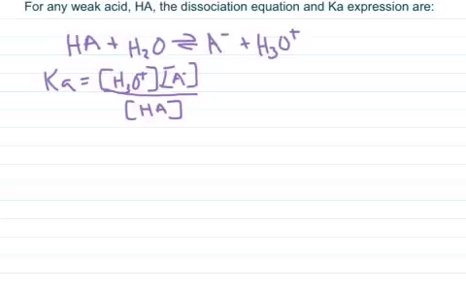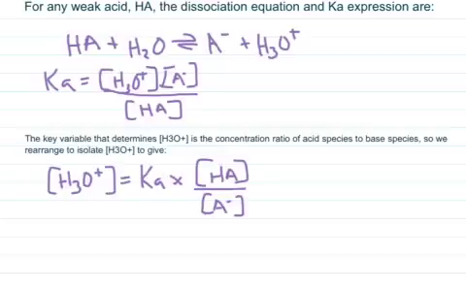So our dissociation equation is HA plus water goes into our base plus our hydronium. Now for Ka, we're going to show our hydronium times the base all over HA. Remember, water is a pure solvent, so we do not need to represent that in our Ka expression.